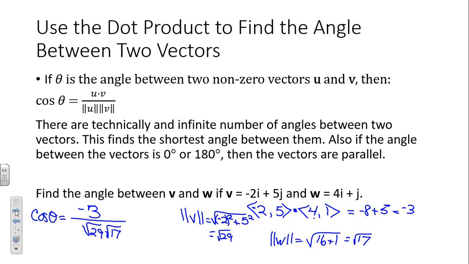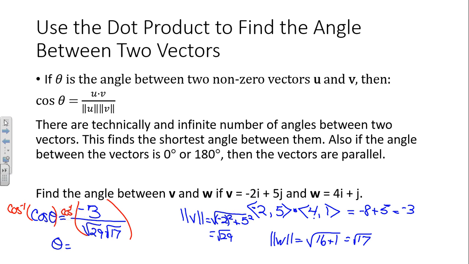So we need to take the inverse cosine of both sides, and our theta will be equal to inverse cosine of negative 3 divided by the square root of 29 times the square root of 17, or square root of 29 times 17.